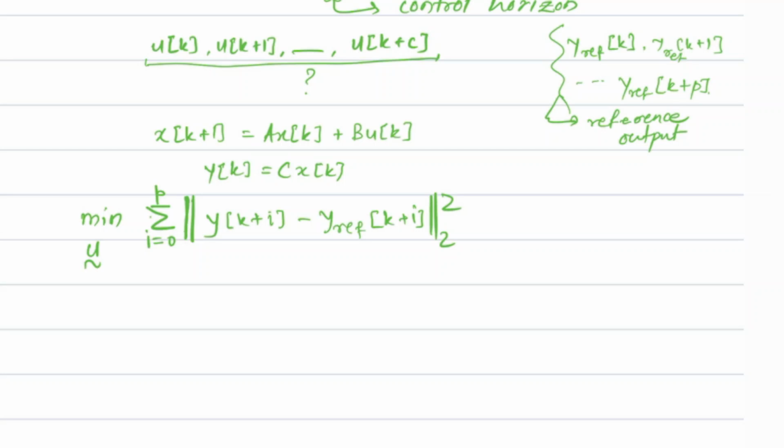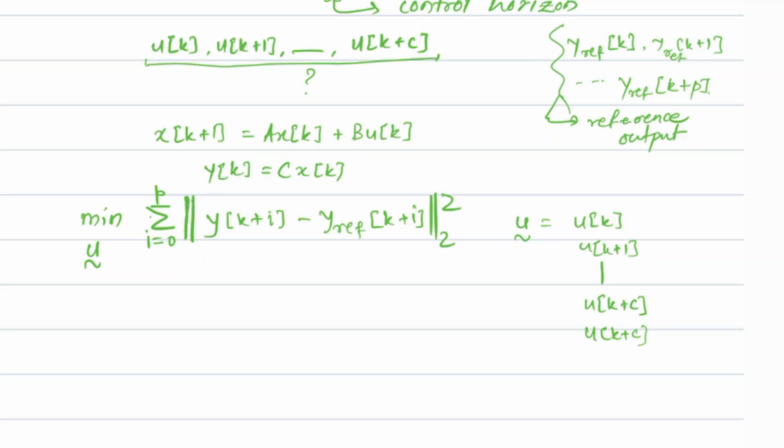In minimization, you will have a vector U, which is input vector made of u k, u k plus 1, and so on up to u k plus c. So up to k plus c, which is your control horizon, you will have different values of input. After that, you will hold it constant.